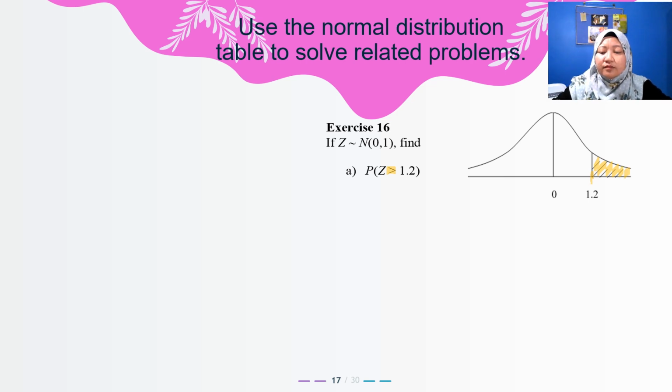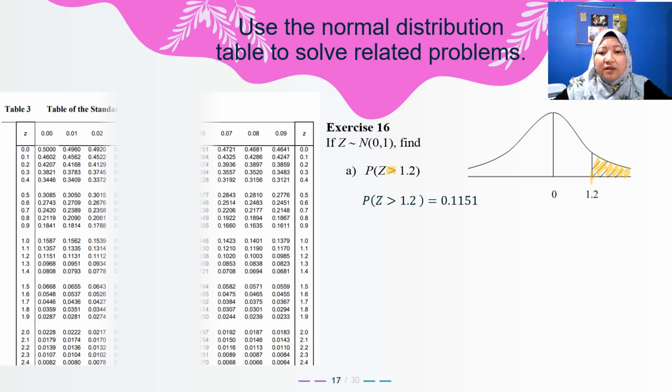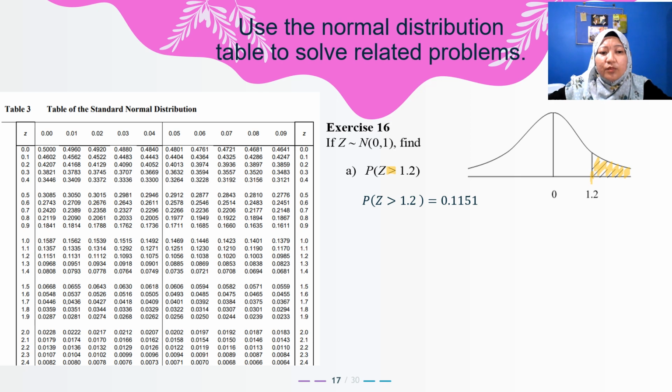And this one already greater than, jadi kita boleh guna table. Okay, find 1.2. 1.2 is 1.20. So, the area is 0.1151.